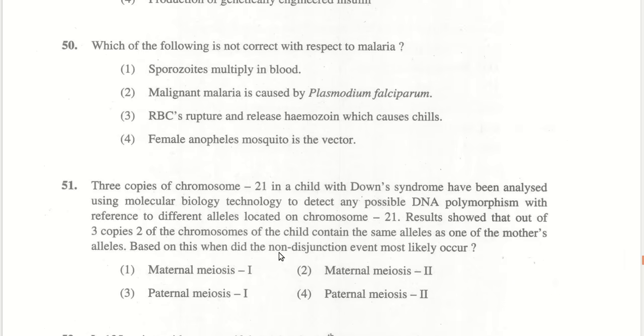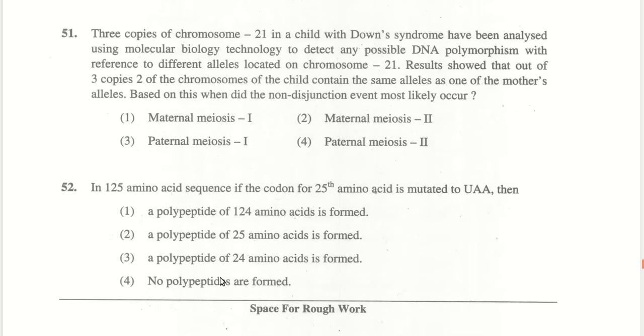Based on this, when did the non-disjunction event most likely occur? It occurred in maternal meiosis 1, because 2 of the chromosomes of the child contain the same alleles as mother. That itself is an indication that non-disjunction has occurred in the mother's side. 51st, the answer is maternal meiosis 1.